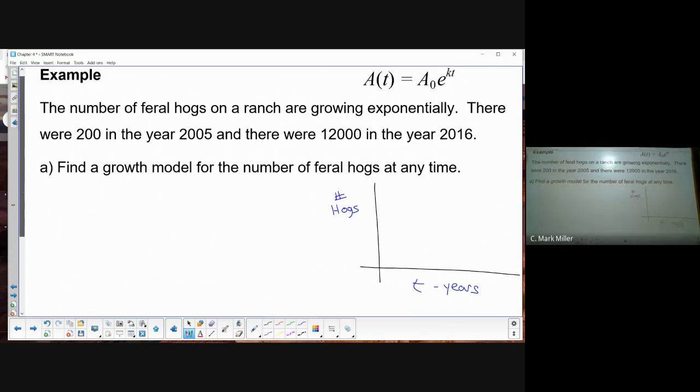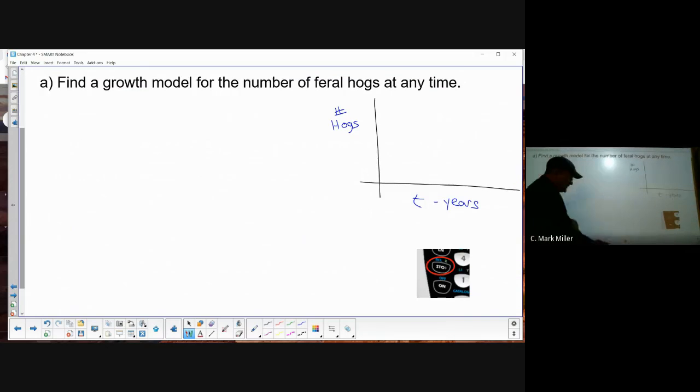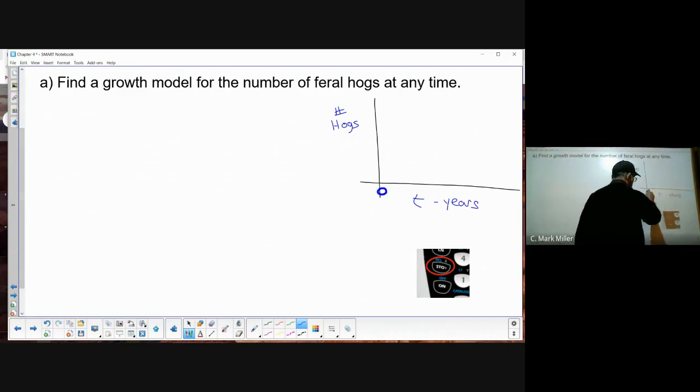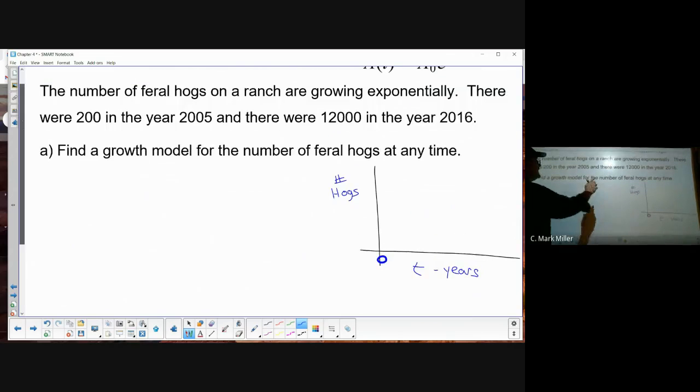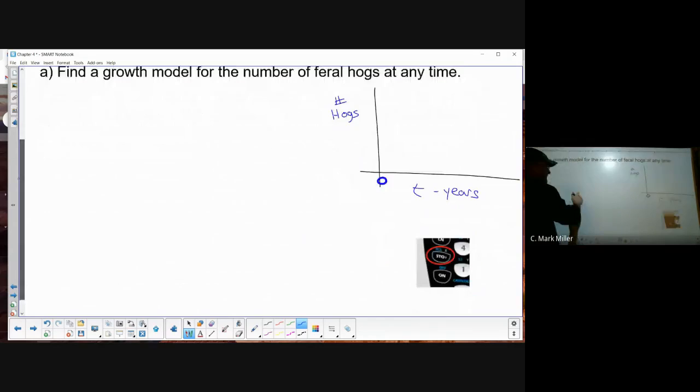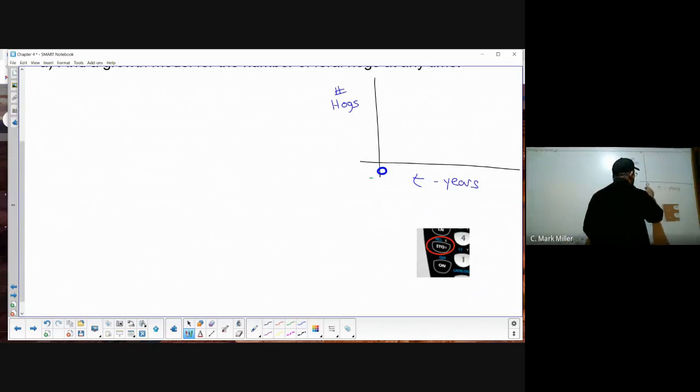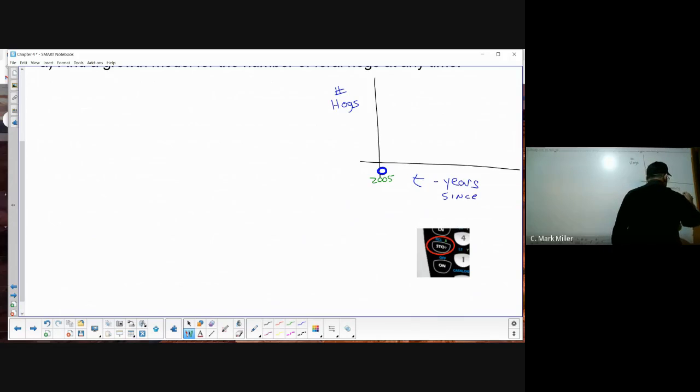And so when we say year 0, we're talking years, but years since. Year 0 is 2005. And this is not just years, this is going to be years since 2005.